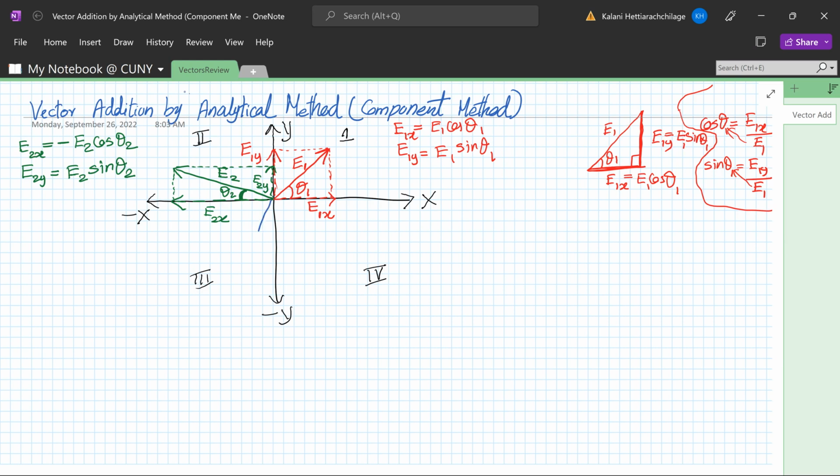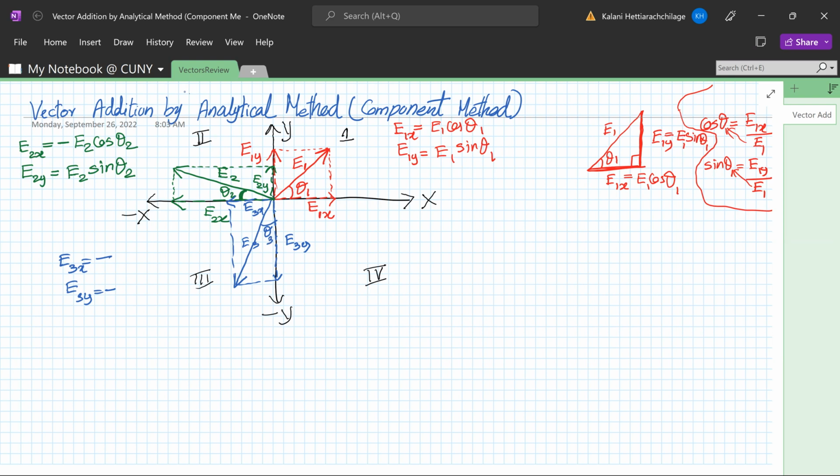Say I have a vector in the third quadrant, E3. The parallelogram will be this one, right? So the vector projection in the y direction is E3y, and in the x direction is E3x. You see that E3x is negative, and E3y is also negative. Say the angle given is this theta 3.